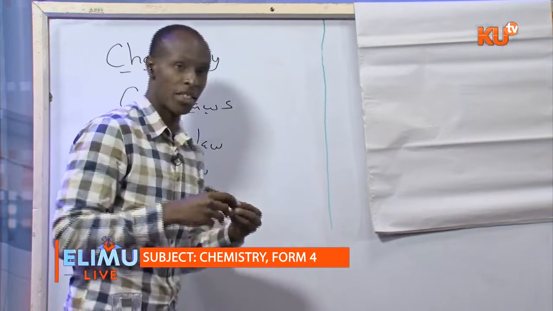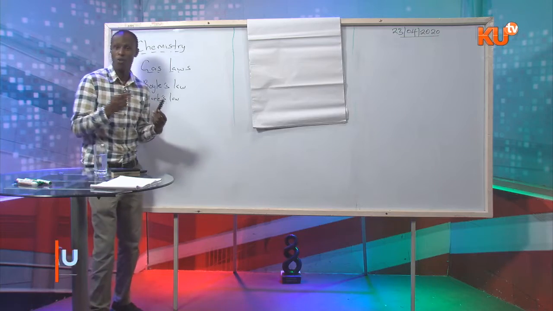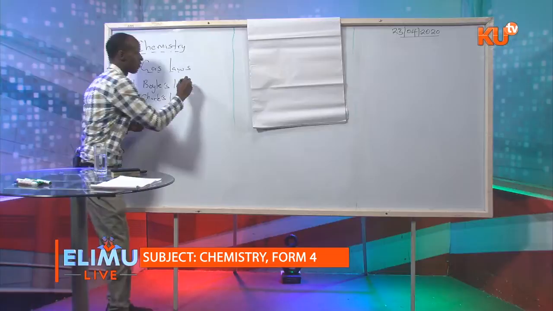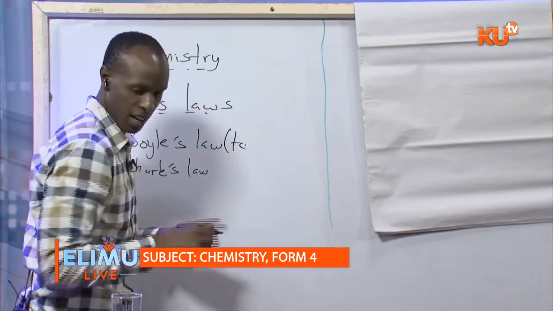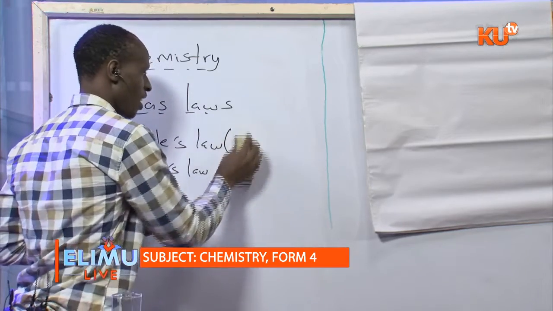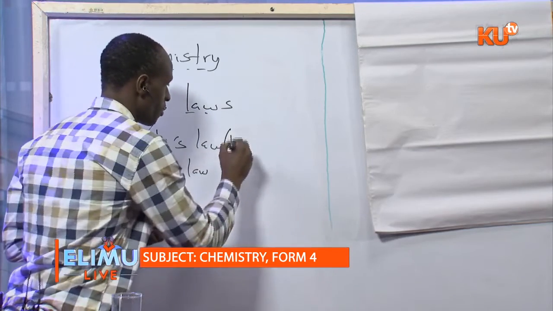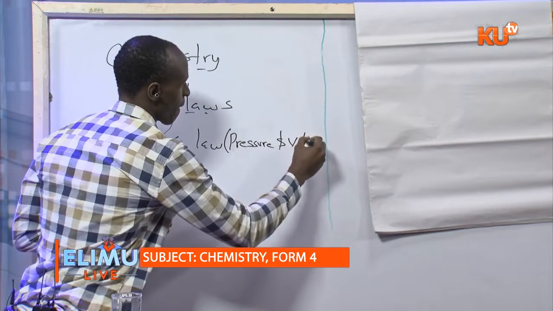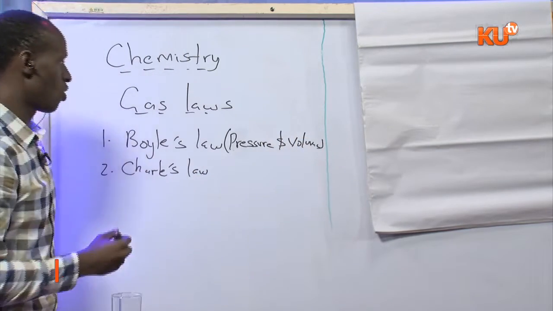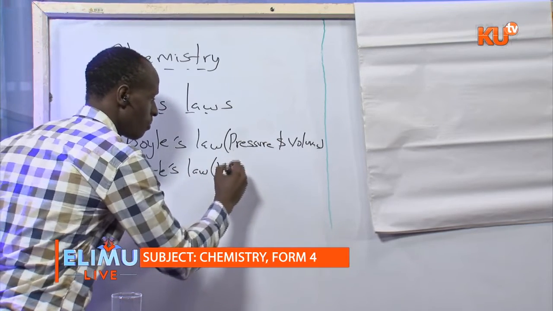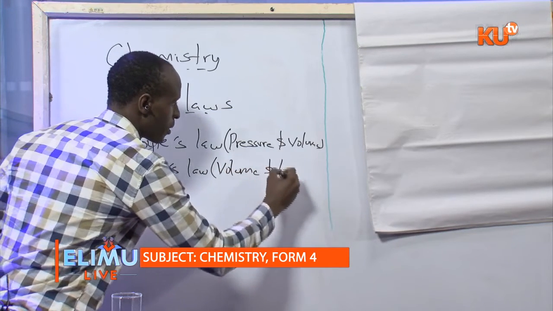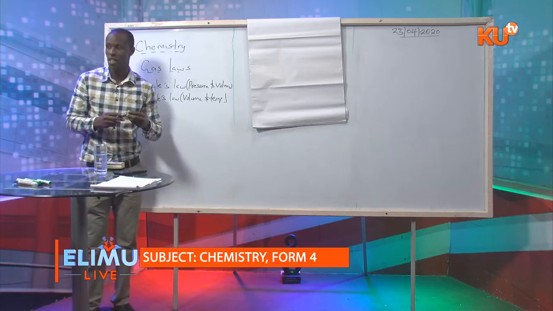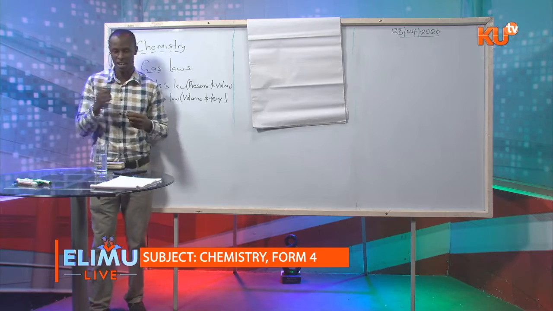In Boyles Law, we'll be talking of pressure and volume. How do pressure and volume relate? On Charles Law, we'll be talking about volume and temperature, and to be specific, absolute temperature. So our temperature will be in Kelvin.